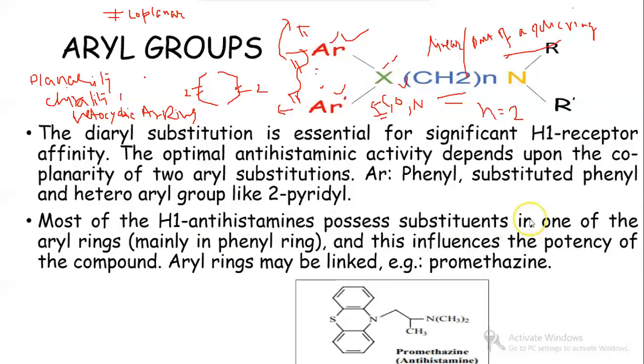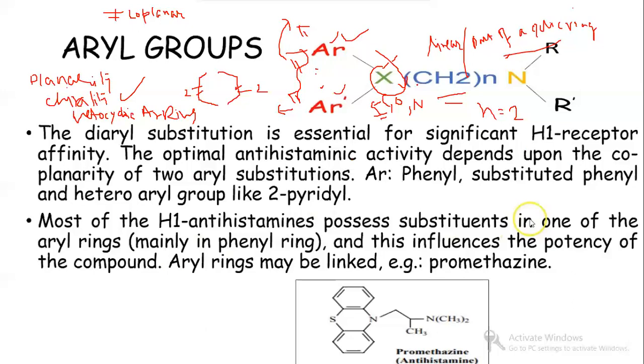And then chirality. If this carbon is chiral, like in cetirizine, then the question of isomerism comes in with antihistaminic compounds.